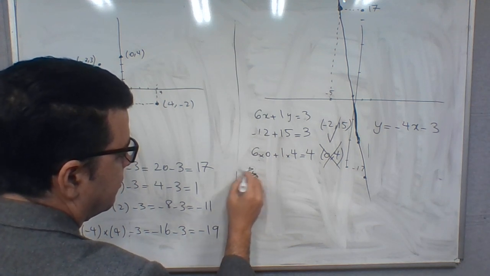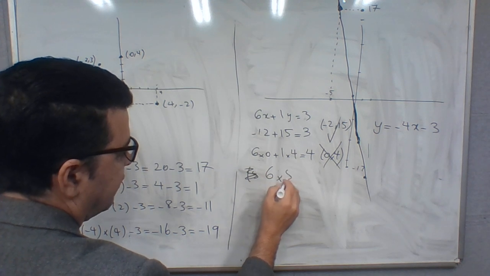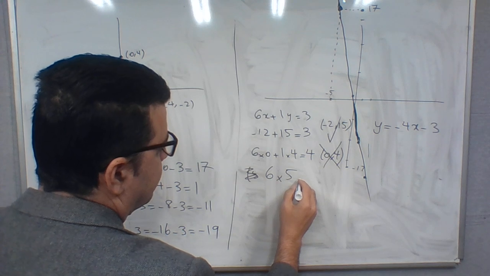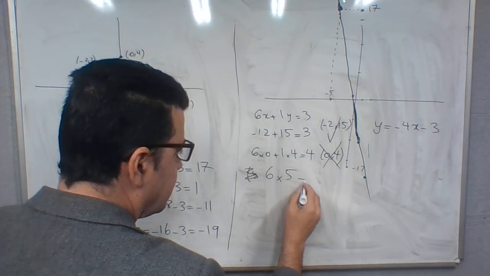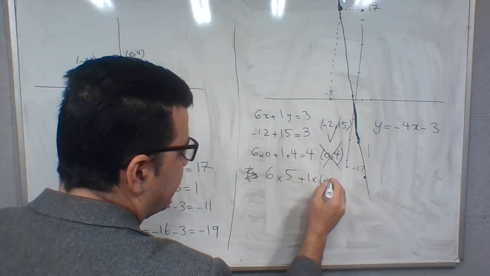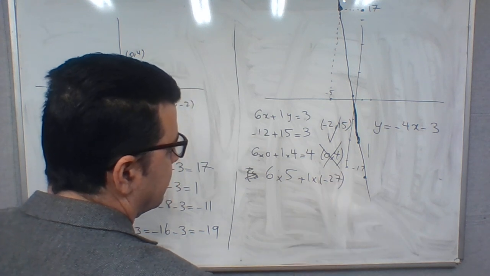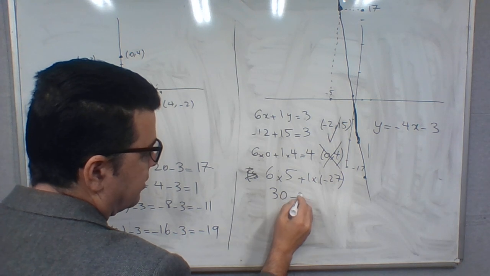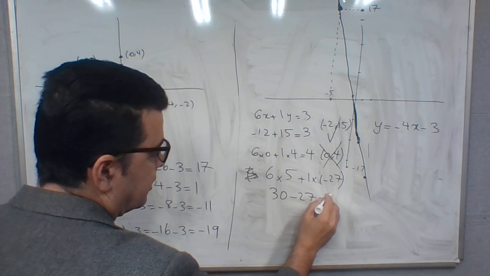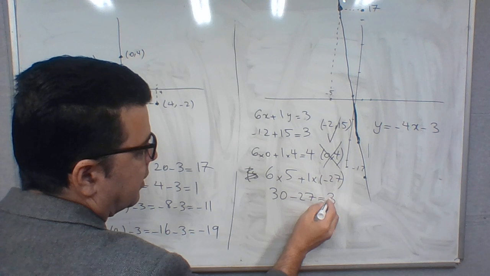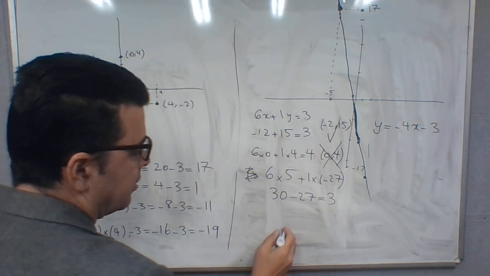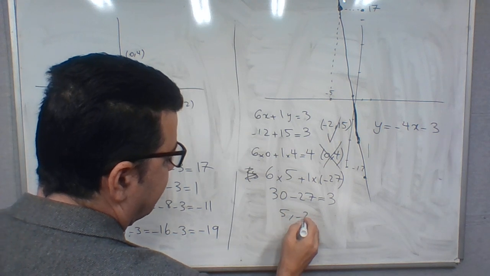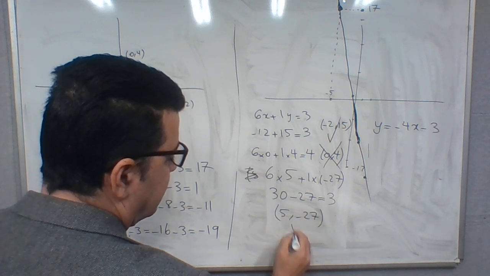So 6 times 5 plus 1 times negative 27. So this becomes 30 minus 27. It is 3. Yes, 3 is equal to 3. Yes, that's correct. So 5 and negative 27 is on the line.